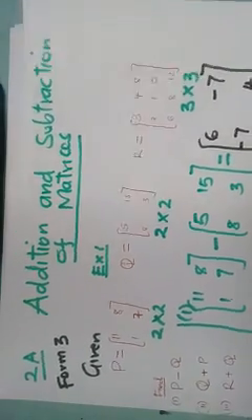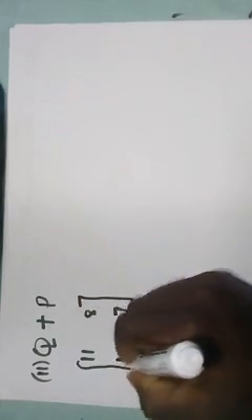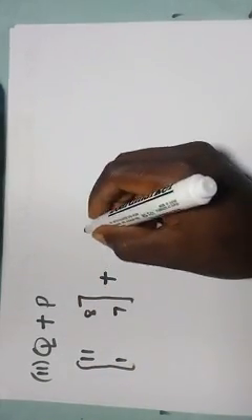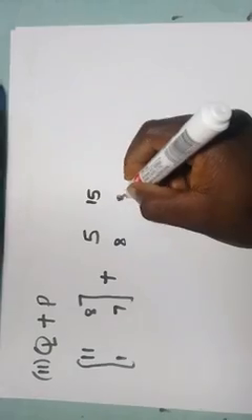Let's do Roman 2, where we are doing matrix Q plus matrix P. And what is that? This is 11, 8, 1, 7. We are adding 5, 15, 8, 3.